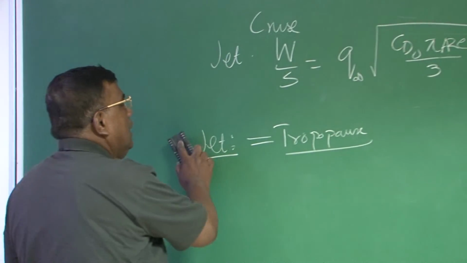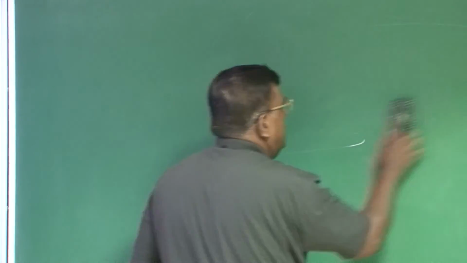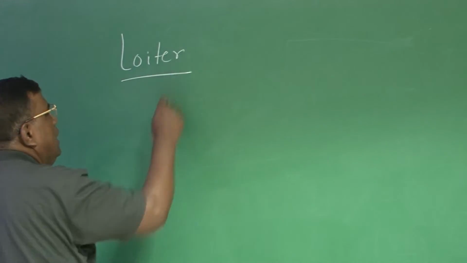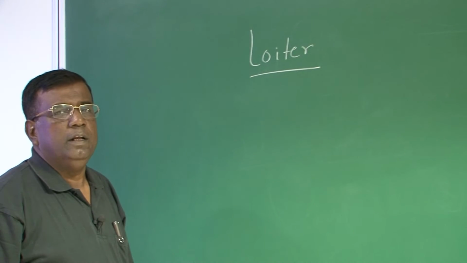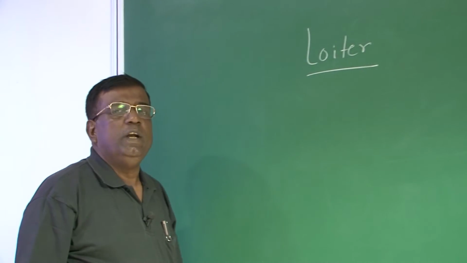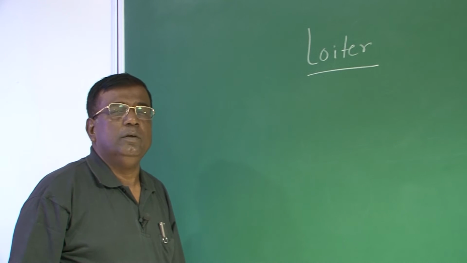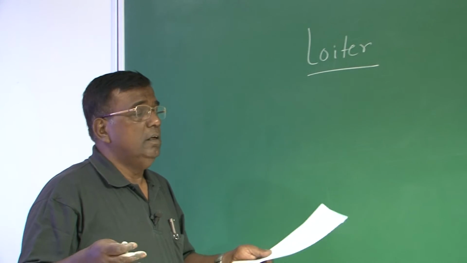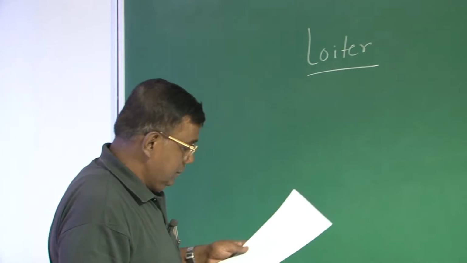Another important thing comes when you are trying to look for loiter. But please understand, when we are designing a transport airplane, we give more weightage to the range rather than loiter. So indirectly I am telling you the wing loading will get more weightage during selection based on the range requirement, right?